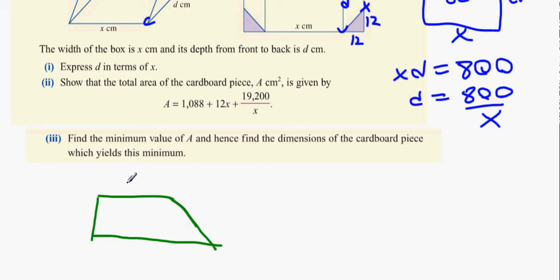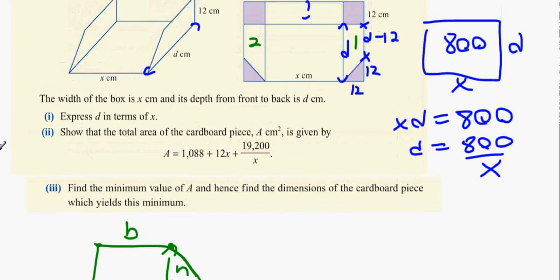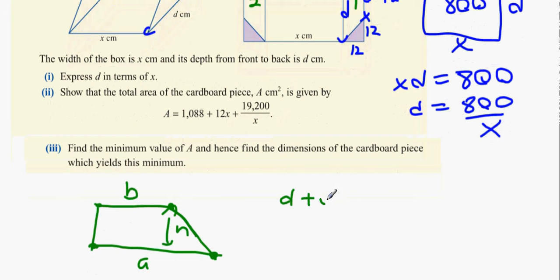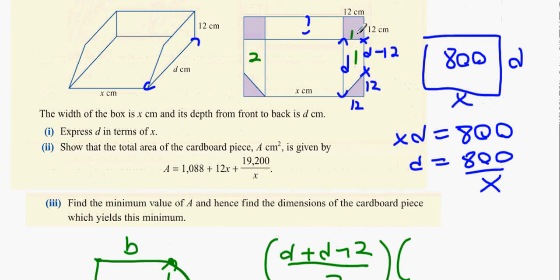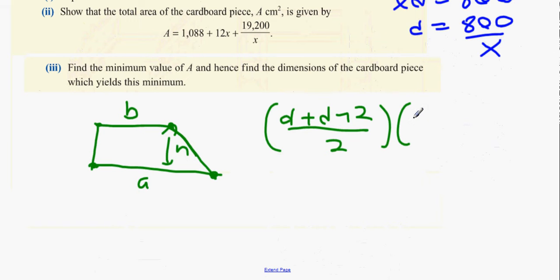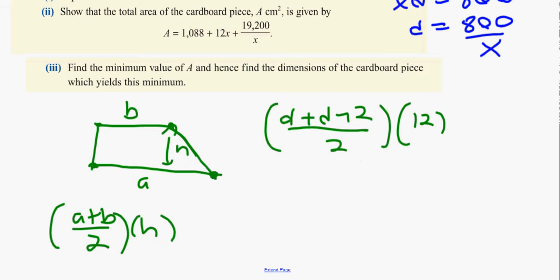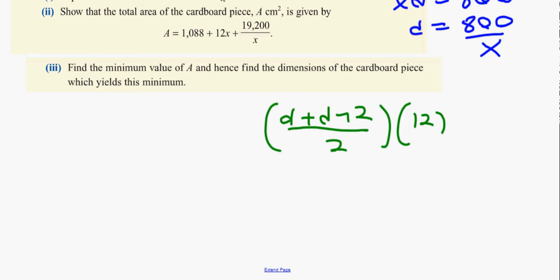Now please remember the formula for trapeziums. The area of a trapezium is the bottom plus the top, so B plus A, divided by 2, multiplied by H. So we're going to have D plus D minus 12, all over 2, multiplied by the height, which is 12. So we get 2D minus 12 all over 2, which gives D minus 6.